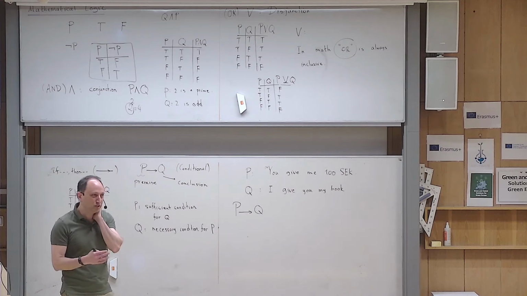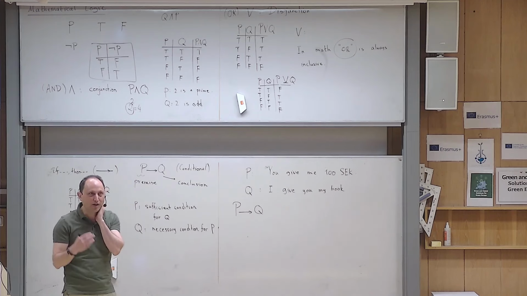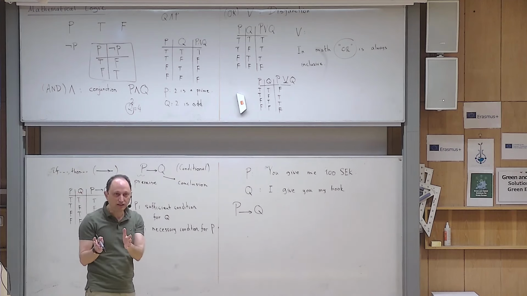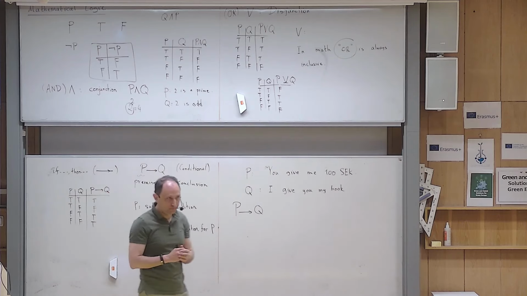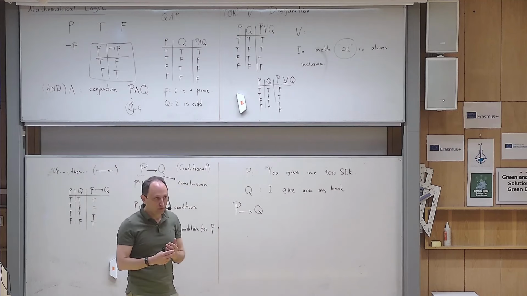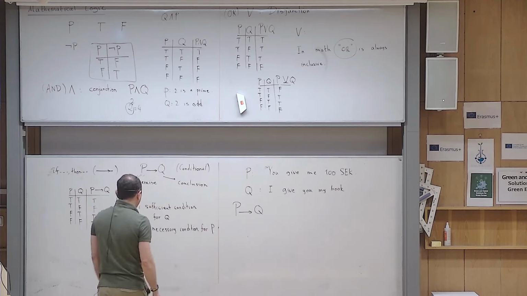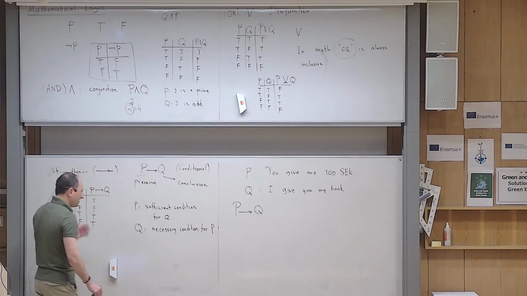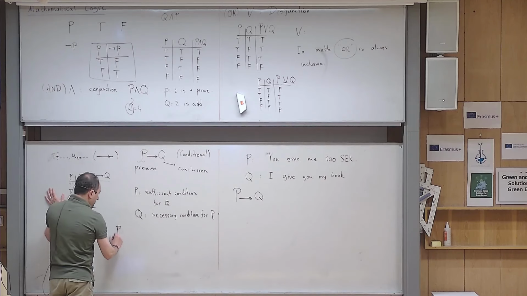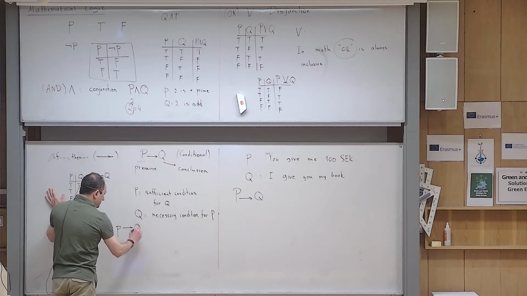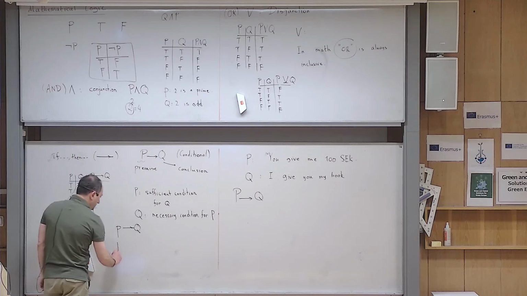But usually the word P implies Q somehow means the truth of P logically gives rise to the truth of Q. Most of the logic books, I mean, the past books, don't differentiate these two, but I think it's good to differentiate them. So this is why I will use these notations, and then I will use this notation.